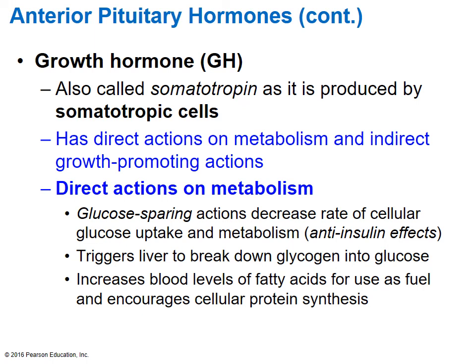Now, before I get ahead of myself, what we see happening is that the growth hormone can have both direct and indirect actions. Its direct actions are usually focused on metabolism, and that's because it tends to have what we call a glucose-sparing action, and that will basically try to decrease the rate of cellular uptake and metabolism. And it does so because it likes to trigger the liver to break down glycogen into glucose. Glycogen is the temporary storage unit of glucose.